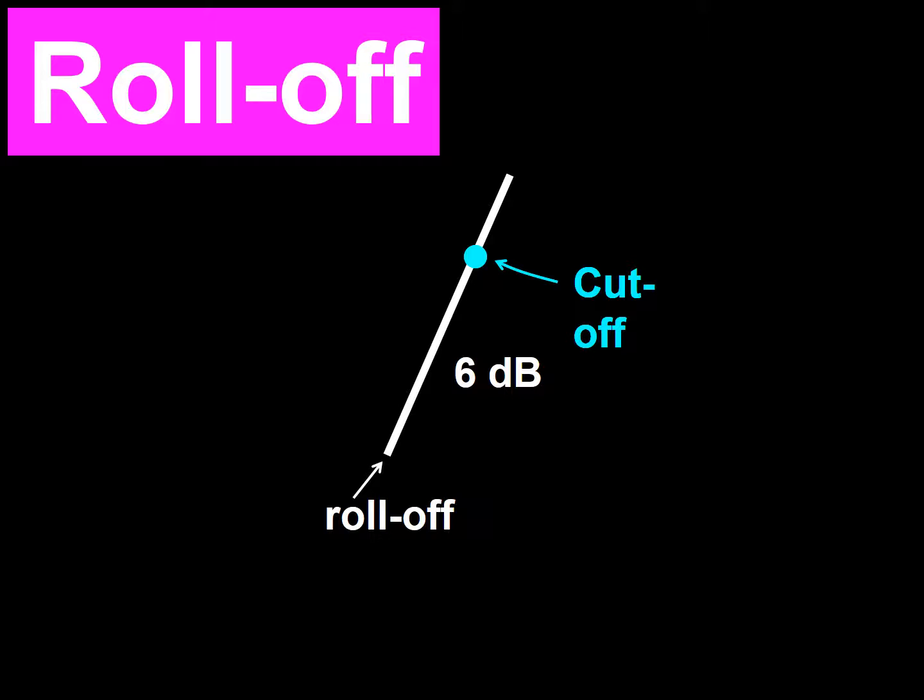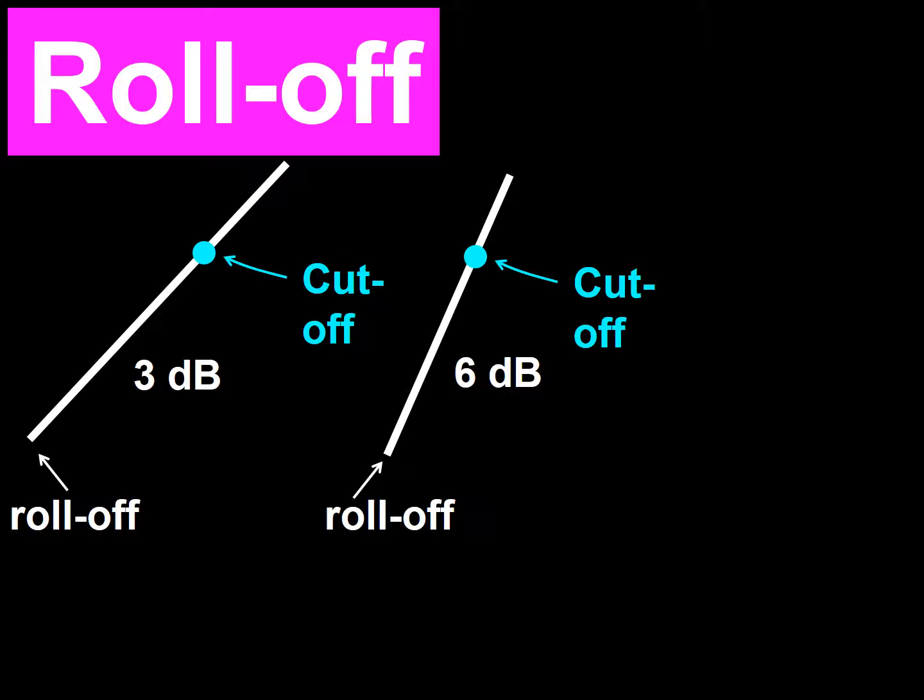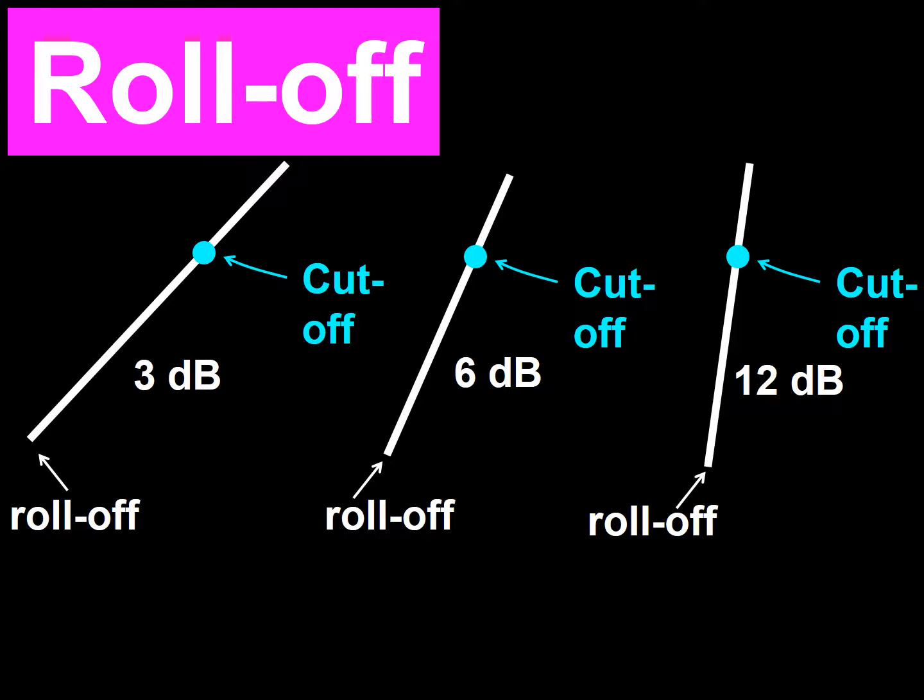So in this frame, I have given this roll-off the value of 6 dB. This one with a bigger incline, a value of 3 dB, and this one with less incline than the one with 6 dB, a label of 12 dB. I will reiterate this point while looking at this frame.